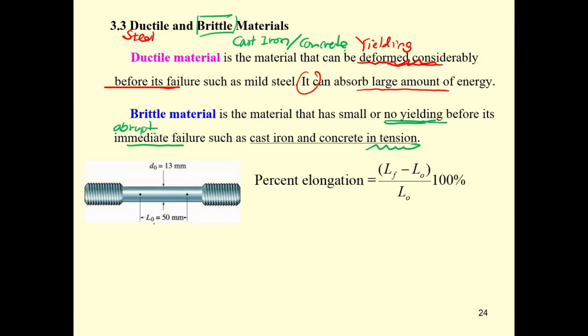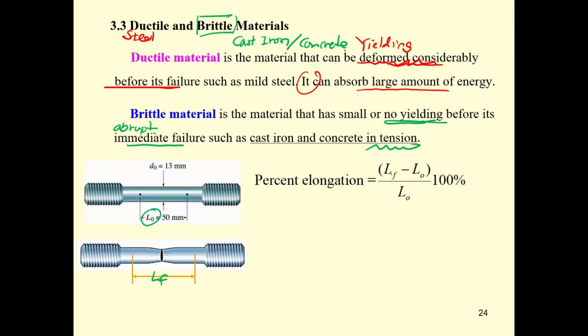Before the test, you measure L sub O. After the test, you measure L sub F. Then (L sub F minus L sub O) over L sub O is the percent elongation. Most metals have elongation larger than 20%. And I should say the value of percent elongation must be positive.